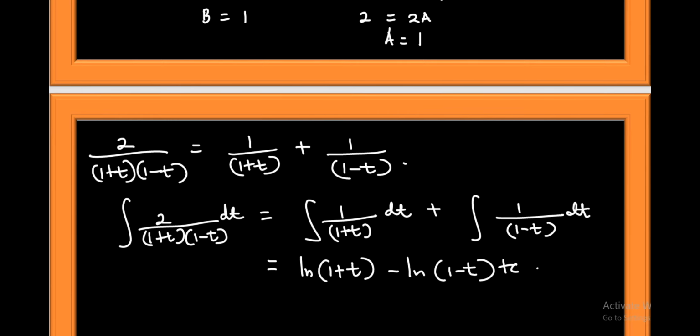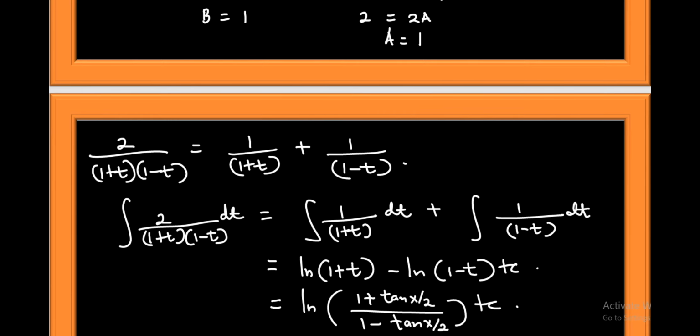But before we bring in the trigonometry, we need to appreciate that this can be written as natural log of 1 plus t, but remember t is tan x out of 2, divided by 1 minus t, where t is tan x out of 2. And then from here, we can bring in the trigonometry.